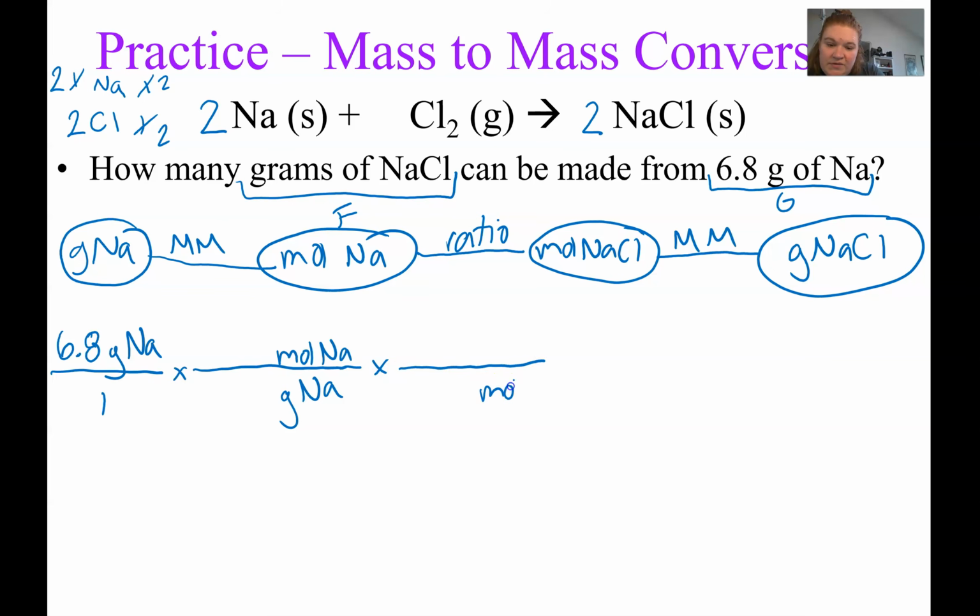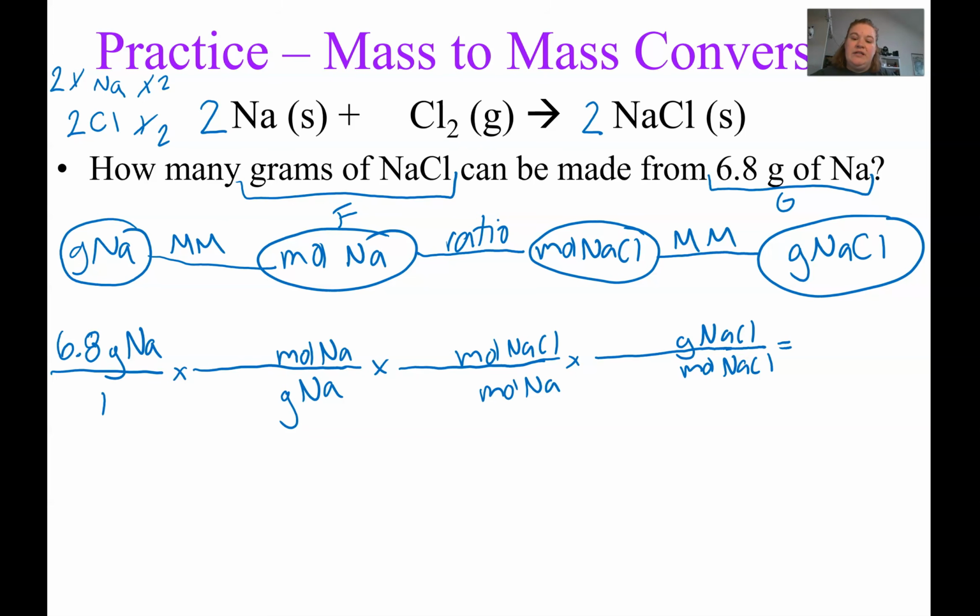So I'm going to have moles of sodium on the bottom and moles of sodium chloride on the top. And then that last conversion factor, we're going to put moles of sodium chloride on the bottom, grams of sodium chloride on the top, and that will get us to our find.